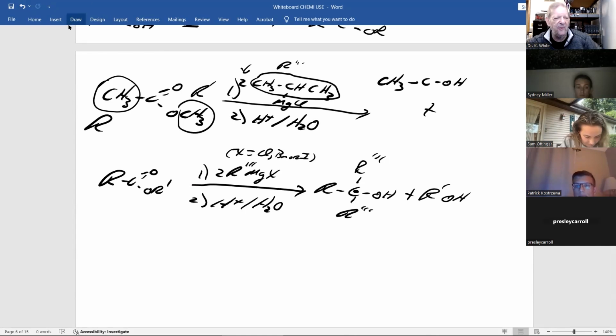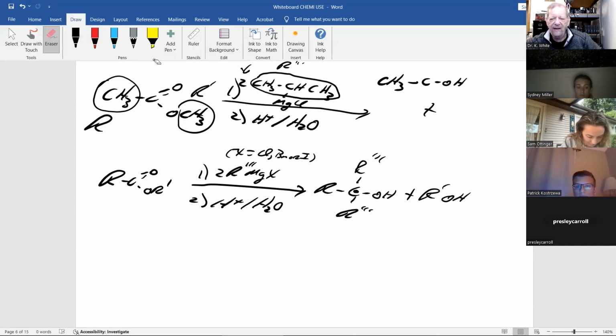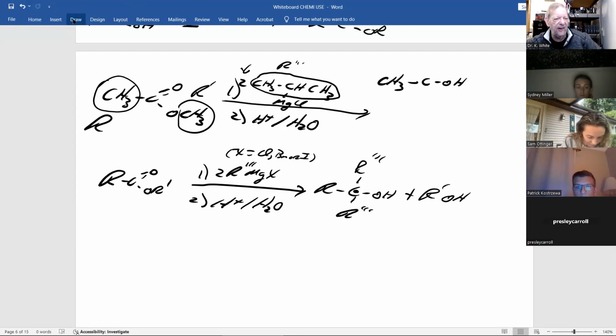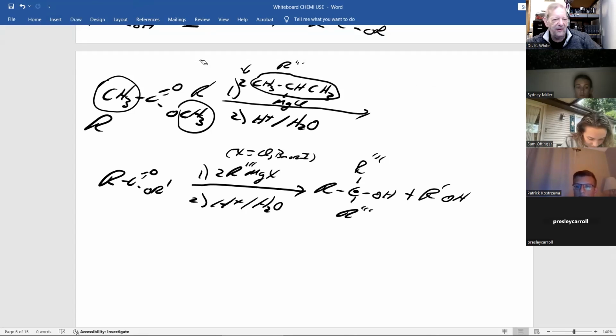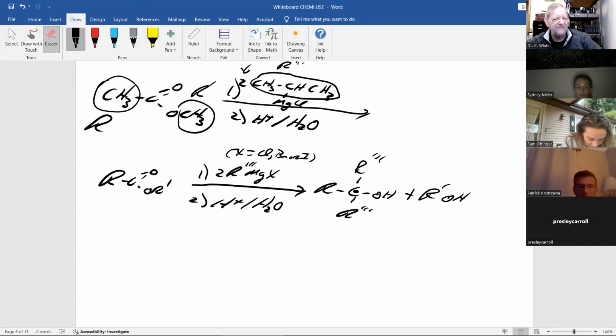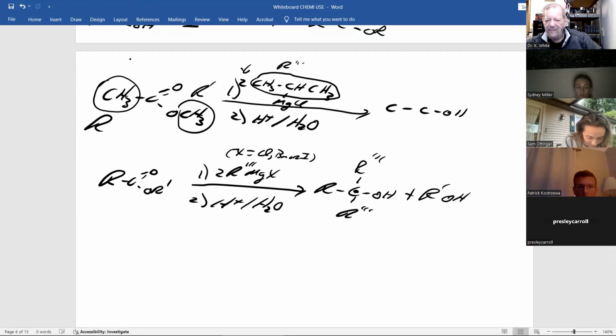And let me make a little more room here. Get rid of this plus sign for the time being. And then what's my R triple prime? Isopropyl. The carbon with the Grignard is the carbon this bond will be to.